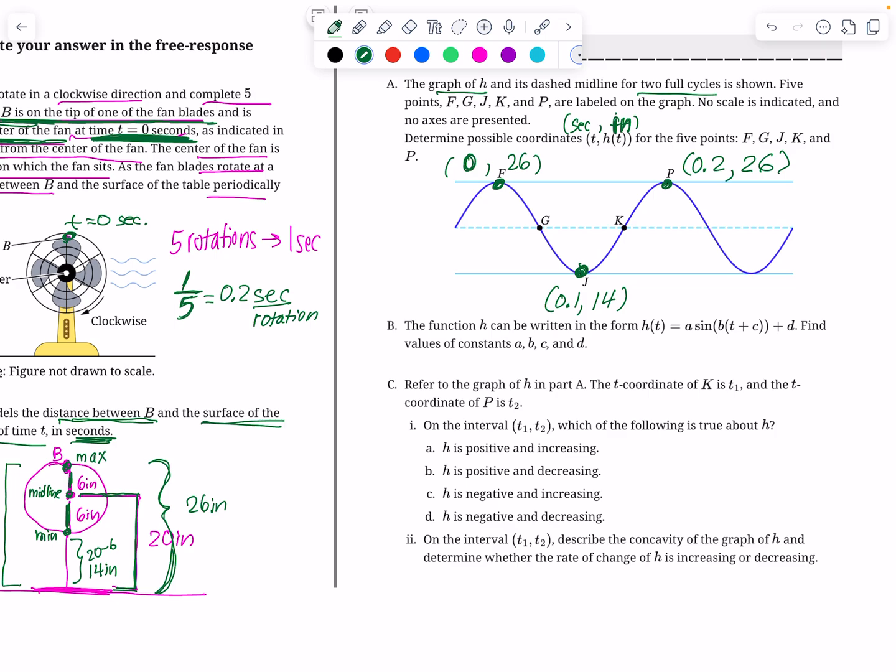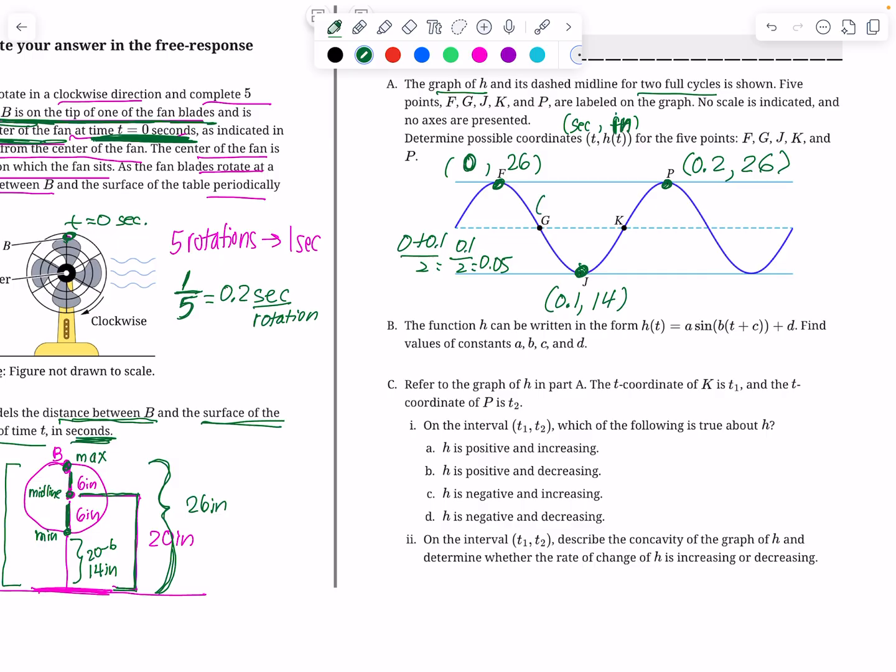Now let's do the same idea we did between F and P. We did half, and we got this. So now we're going to do the same for G. So from 0 to 0.1, we're going to go find the half. And what we do is 0 plus 0.1 divided by 2. 0.1 divided by 2 is 0.05.